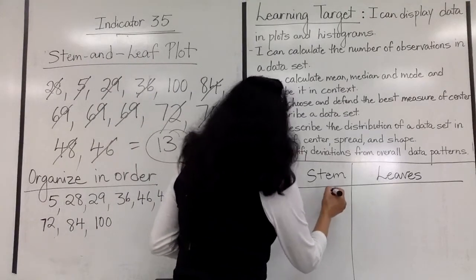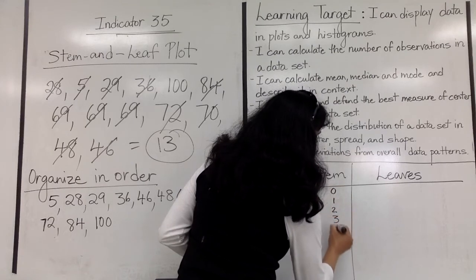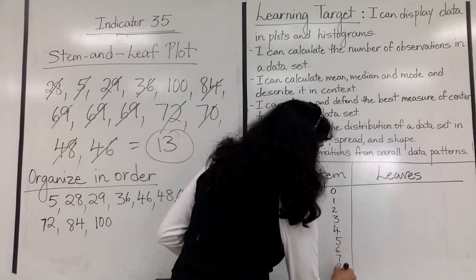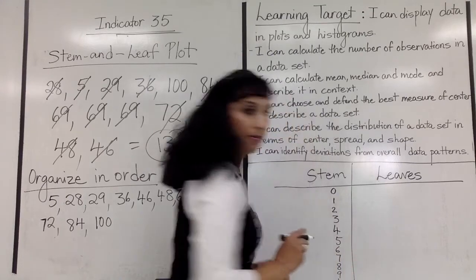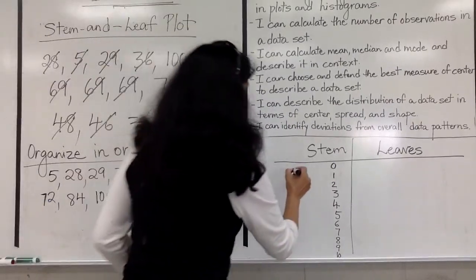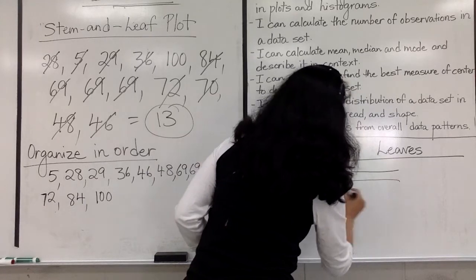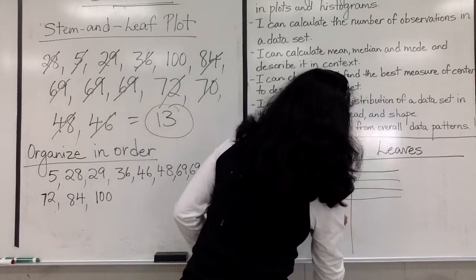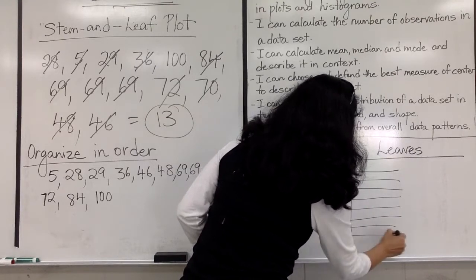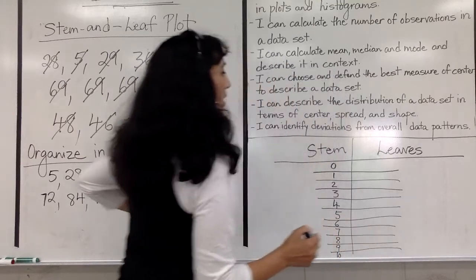I'm going to put my 0, 1, 2, 3, 4, 5, 6, 7, 8, 9, and 10. Then I'm just going to make a little line like this, just to keep you organized.